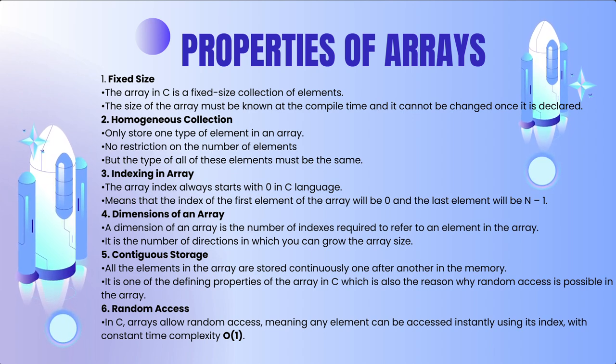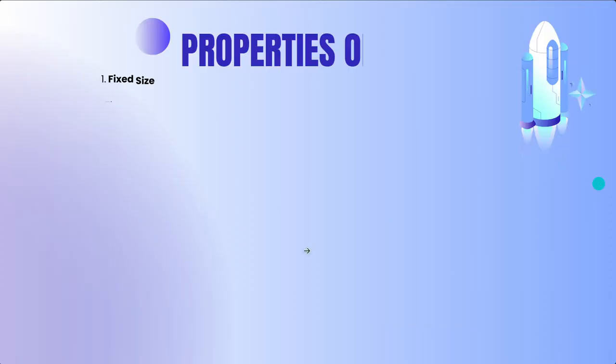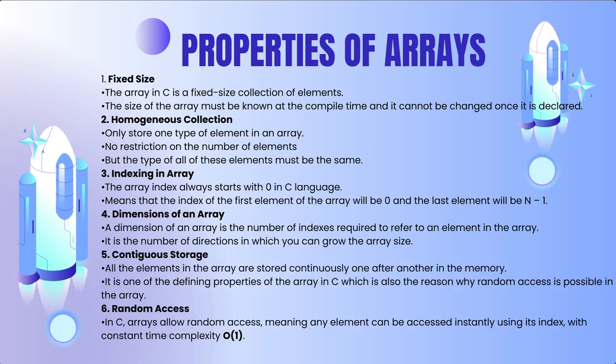Contiguous storage. The elements of an array are stored continuously one after another in memory. Just like this, as we have seen here, one after another the elements are being stored. This is called contiguous memory location. It is one of the defining properties of an array in C, and also the reason why random access is possible in an array.